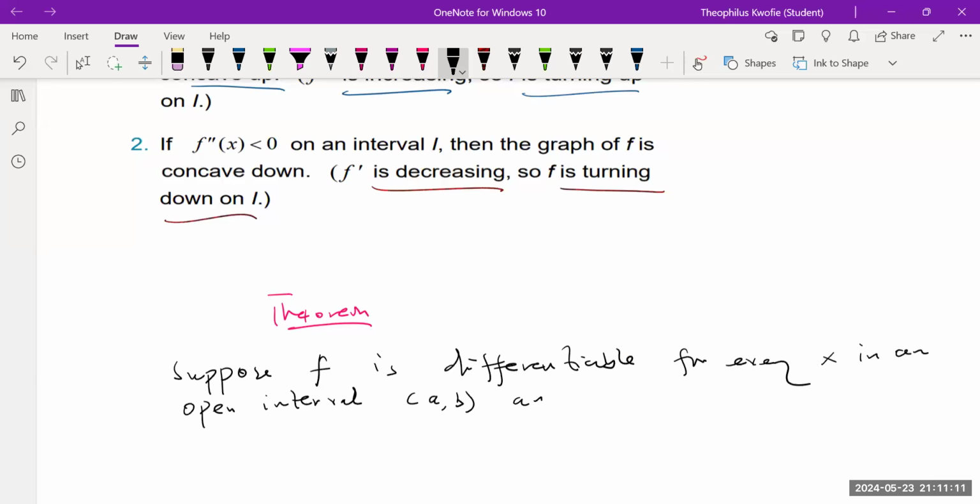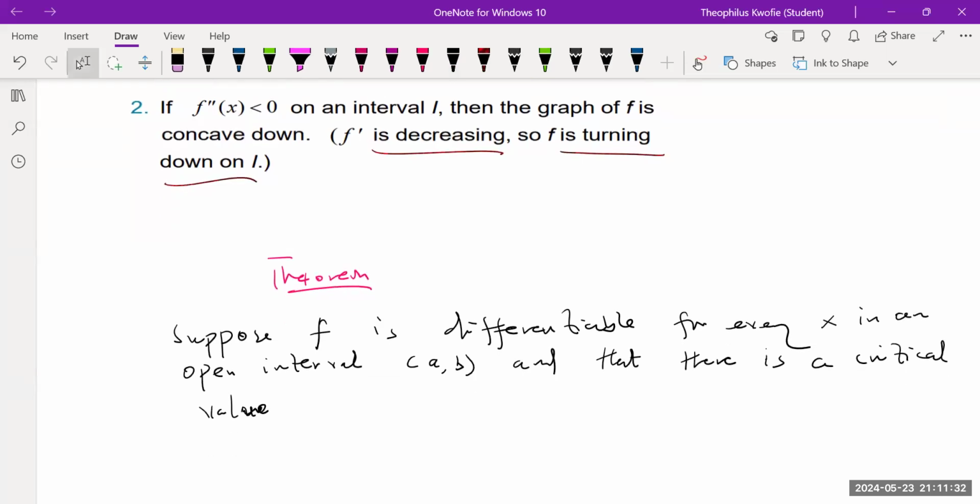And let's say there's a critical point. So in our previous episode, we talked about critical point or critical value. And for consistency, we are going to use c as our critical value in that particular interval, which is AB.